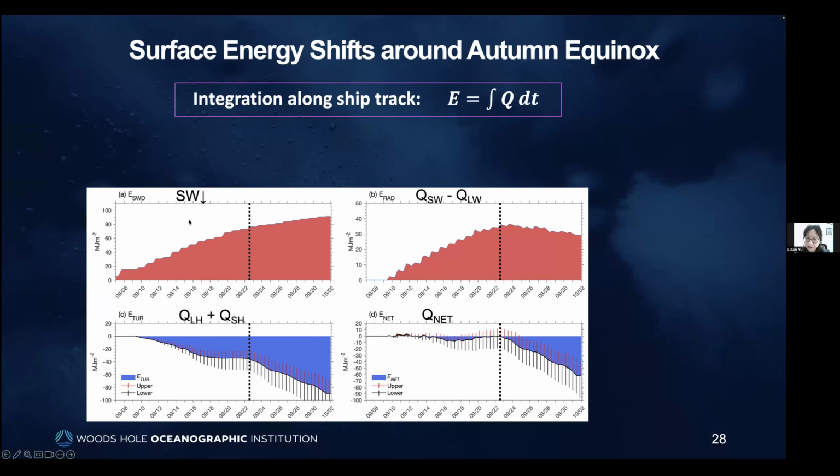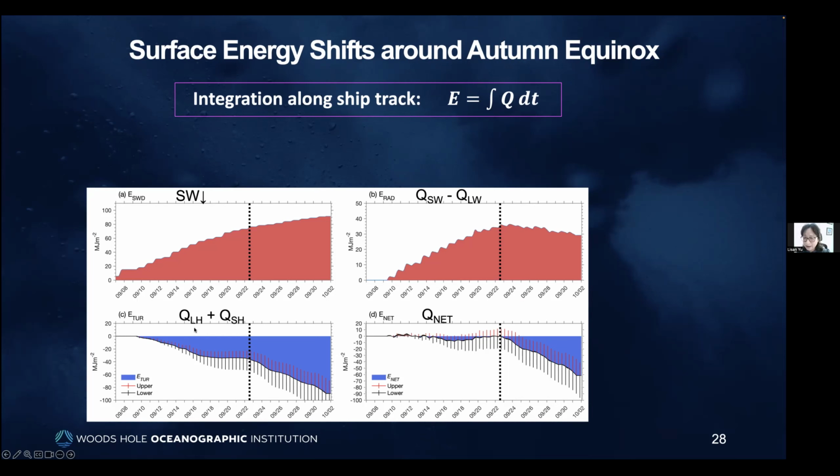The first is downward radiation, and you can see the total solar energy accumulation steadily increasing until September 22nd. The net radiation shows a turning point around September 22nd, the date of the autumn equinox.